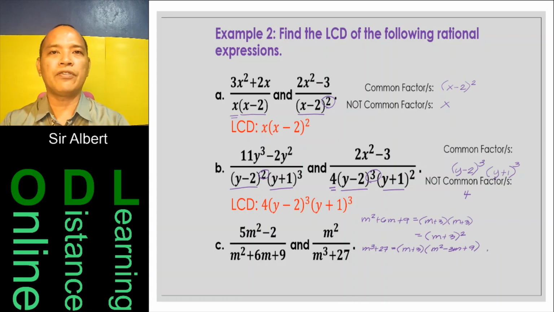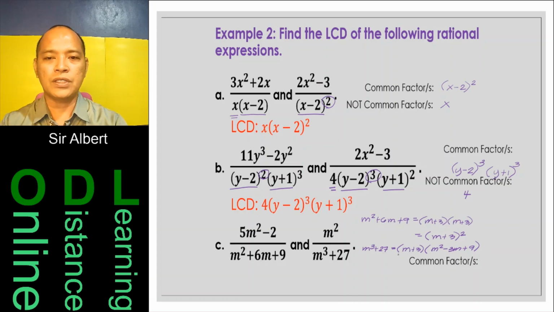Now that we have the factored forms of the denominators, we can now move on with the next step on finding the common factor or the common factors. We would see that m plus 3 is common to both denominators. So we choose m plus 3 and we take the higher exponent, which is 2. There is no other factor that's common to both denominators.